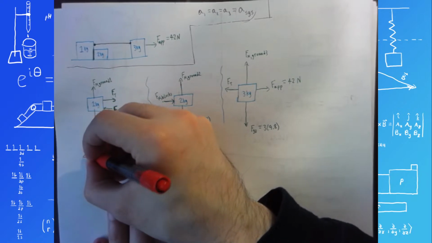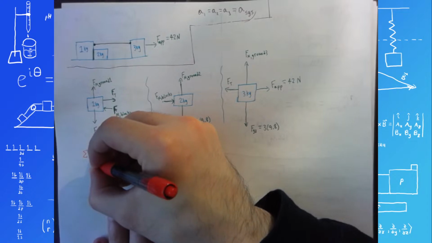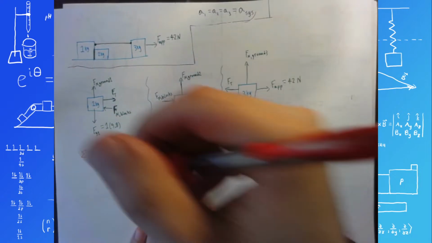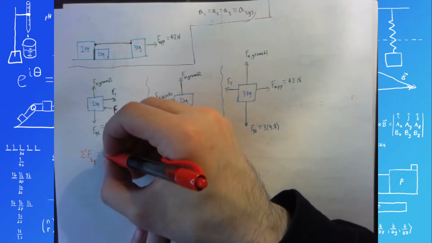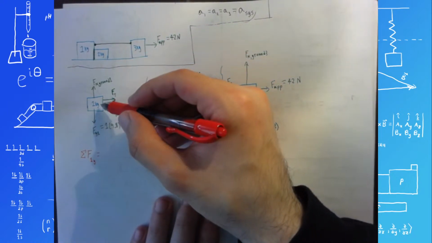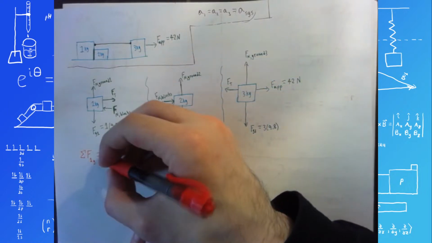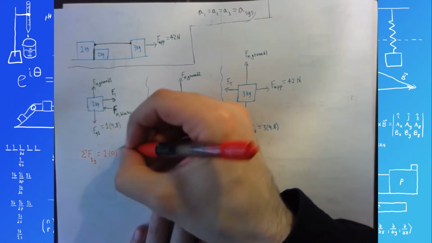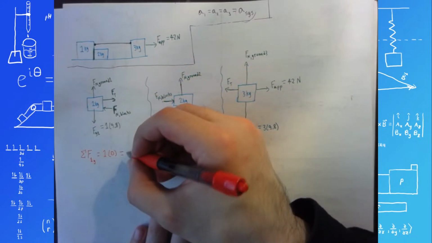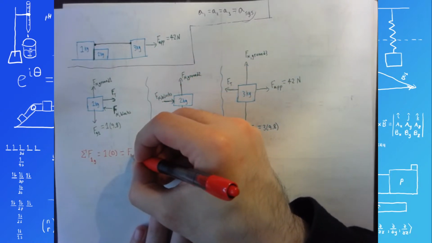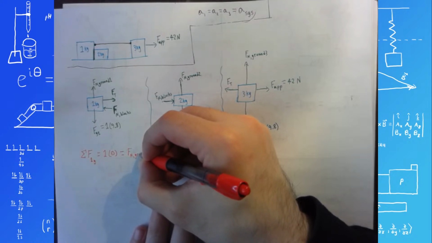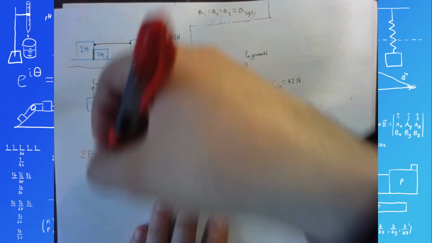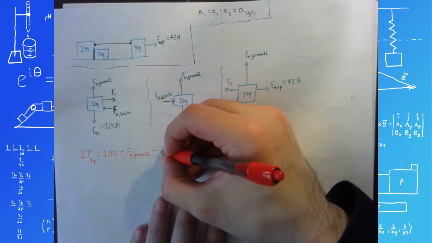So net force for object 1 in the y direction is going to be, well, we know the acceleration in the y direction is going to have to be 0. So you've got 1 kilogram times an acceleration of 0 equals normal force ground 1 minus force of gravity downwards, which is 9.8.